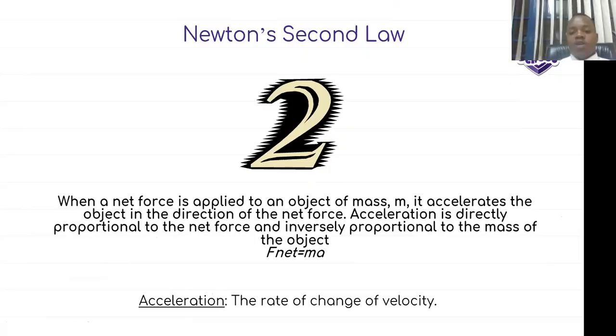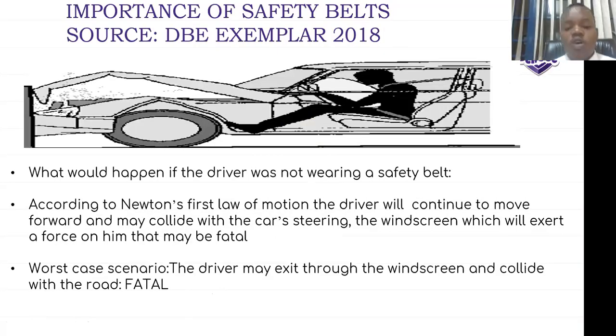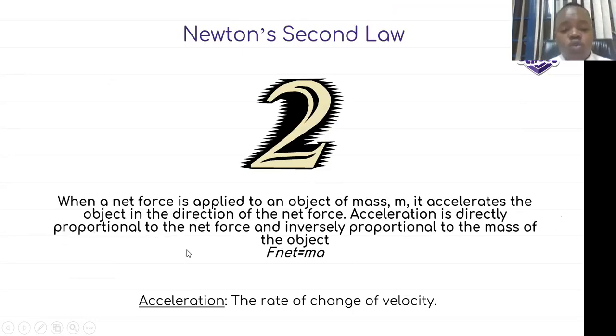Now, that is all in all what Newton's first law of motion is about, and it also teaches us of practical applications where we definitely need to wear our safety belts so that we do not get injured when we get into an accident, for example. Now, we are going to look at Newton's second law of motion.